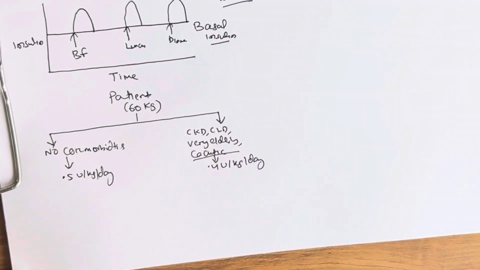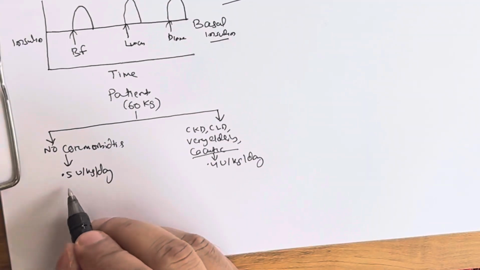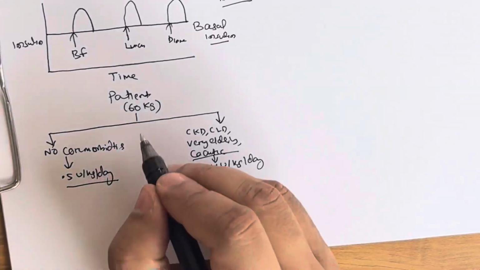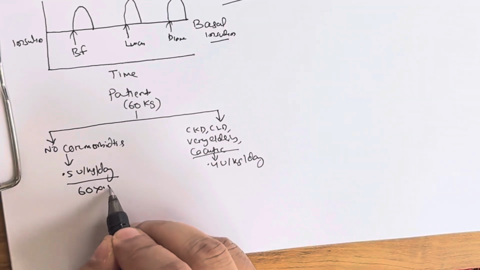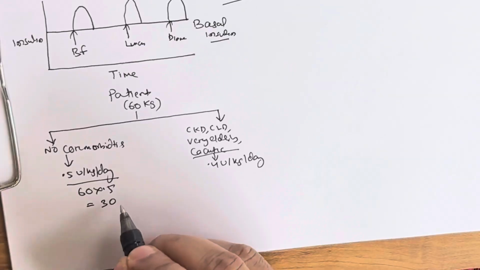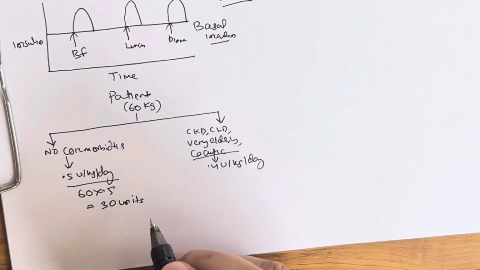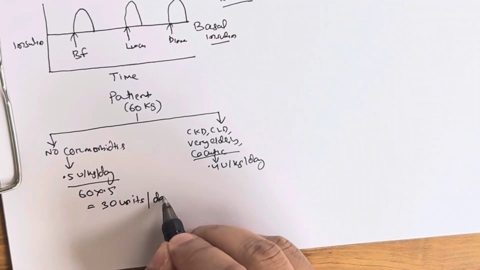For our patient who does not have any comorbidities, we will take 0.5 unit per kg per day. So 60 into 0.5, that is 30 units of insulin you will require per day.